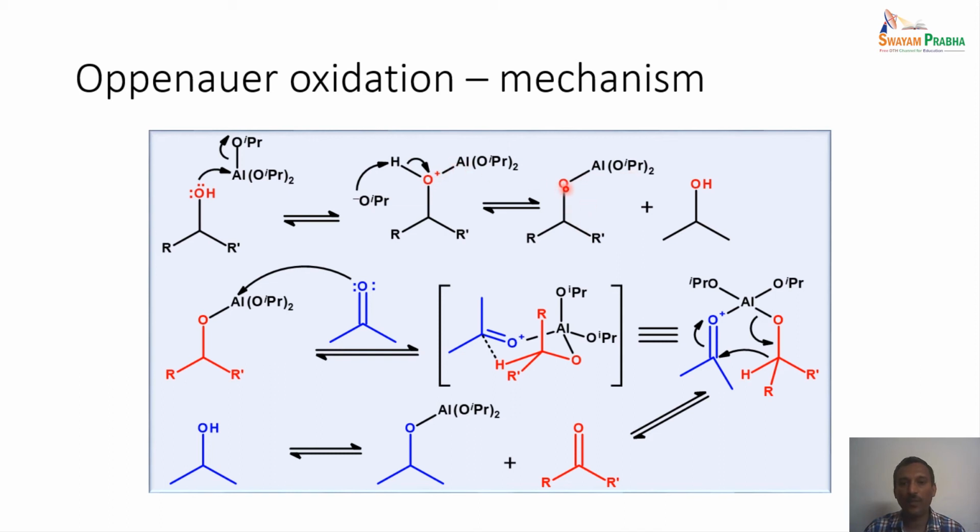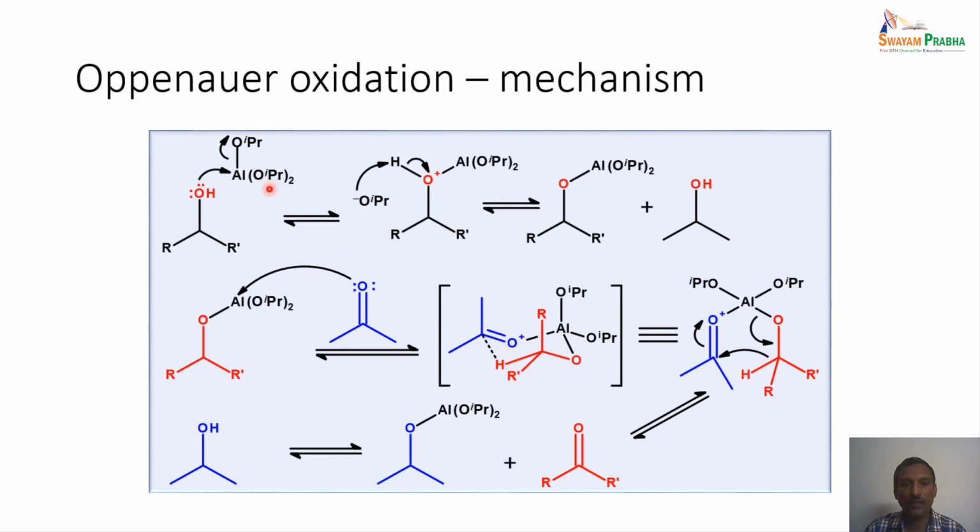This intermediate is now attacked by the ketone used in this reaction, either aldehyde or ketone. The lone pair of electrons on the oxygen now bonds with the aluminium. So we have a 6-membered intermediate as shown here for our convenience. The acetone unit is shown in blue, the alcohol part from the starting material is shown in red, and the aluminium isopropoxide is shown in blue.